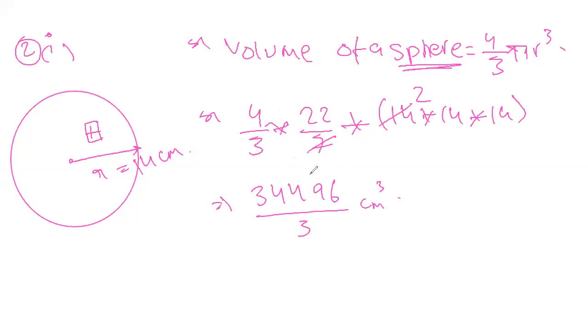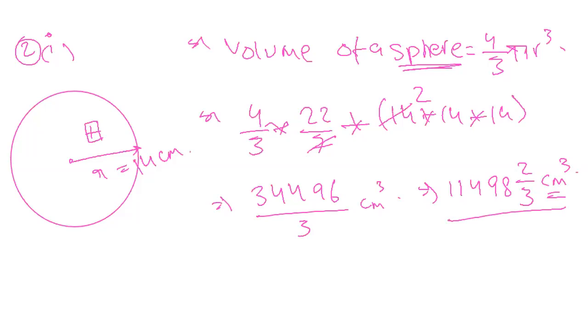You can also prefer the decimal version, but in this question I'll be doing the fraction version. So 34,496 divided by 3 in mixed form can be written as 11,498 2 upon 3. Do not forget to add the units, centimeter cube. So our volume units are specified, our final calculation is specified.